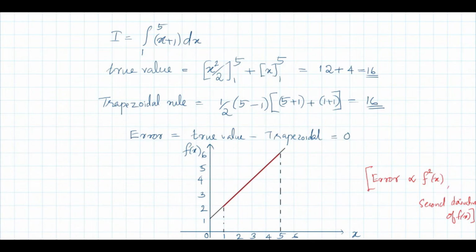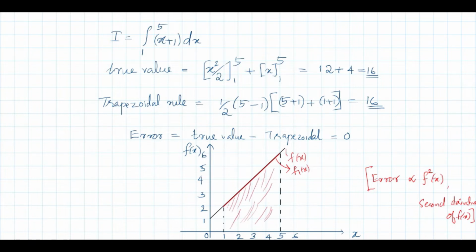Why is the error 0 here? Because the original function itself is a linear one, and in the trapezoidal rule we fit a straight line connecting the initial point and final point. So both f of x and the approximating polynomial are the same, so both have the same area.